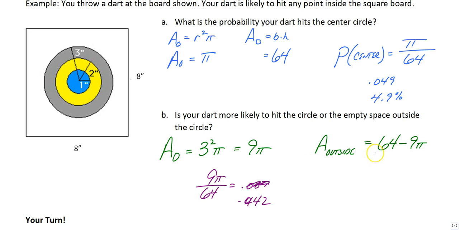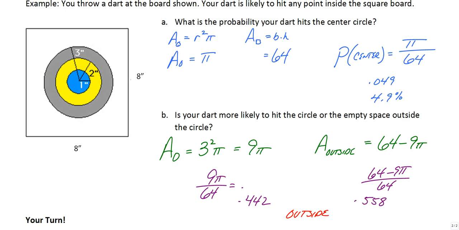The area of the outside would be 64 minus 9 pi, divided by 64, and that would give you 0.558. So inside the circle is 0.442, and outside the circle is 0.558. So you are more likely to hit the outside. Okay?